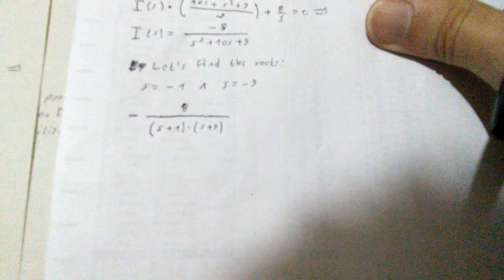So we will basically have a negative, and we put the negative sign in front of everything, of 8 over s plus 1 times s plus 9, because those two are the roots. So in order to find the poles, we're going to do a clever trick.